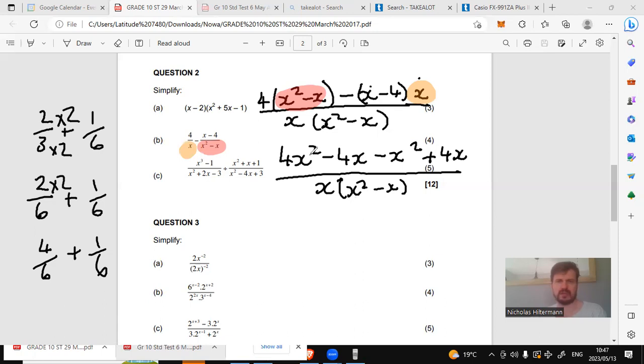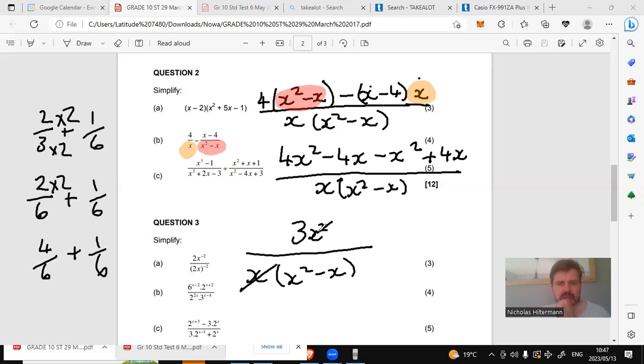And we get 4x squared, and we get 3x squared over x squared minus x. And we notice that this x cancels with this one. And so we get 3x over x squared minus x.